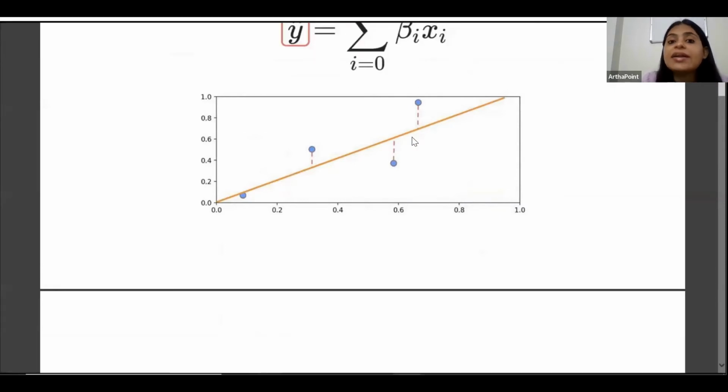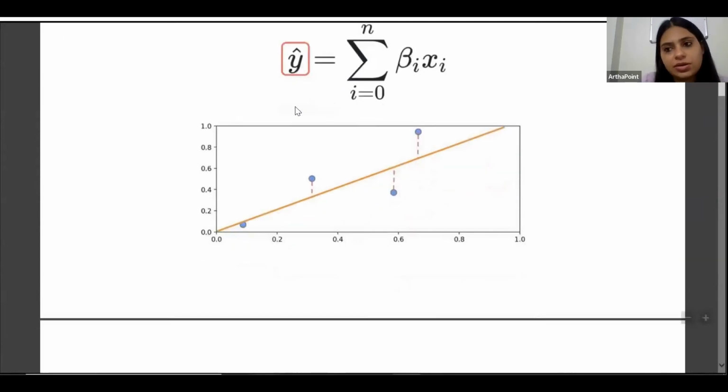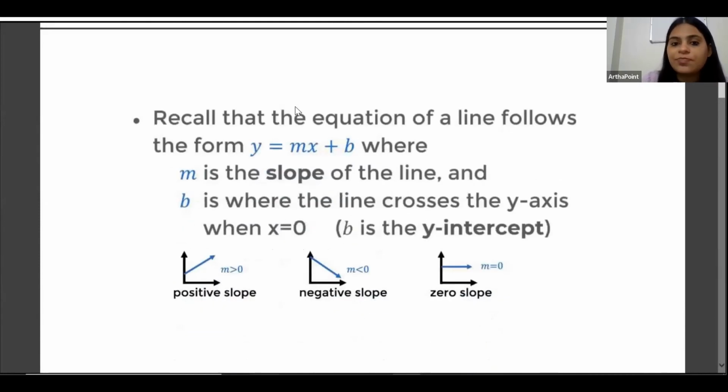The aim at any point of time is to minimize the error. The values that the machine predicts are called y hat. The actual values given to you are called y. The gap between y and y hat is called the error term. Let's quickly look into it.